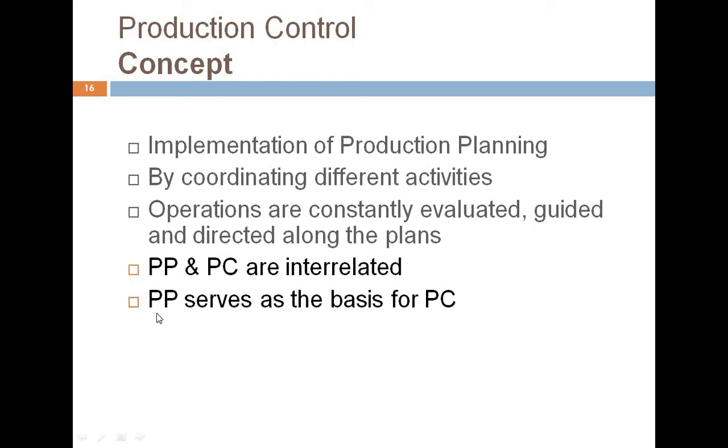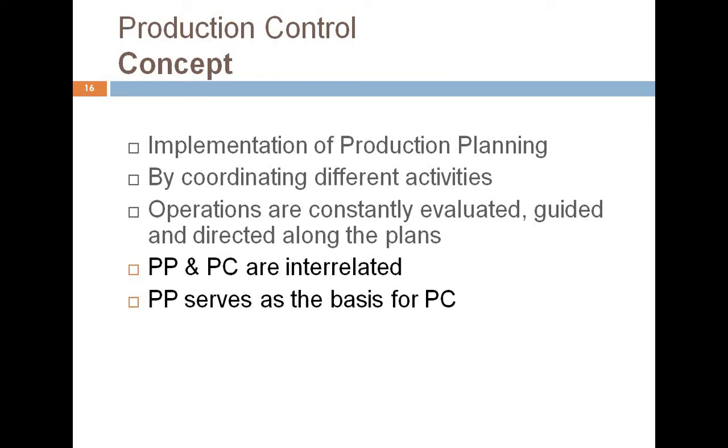The last point is very important, which talks about production planning serving as the basis of production control. So production control is only possible when you have a plan to check. We can only measure the variations and deviations if there is a benchmark. That benchmark is clearly mentioned in the production planning, and the actual results are taken out during production control.